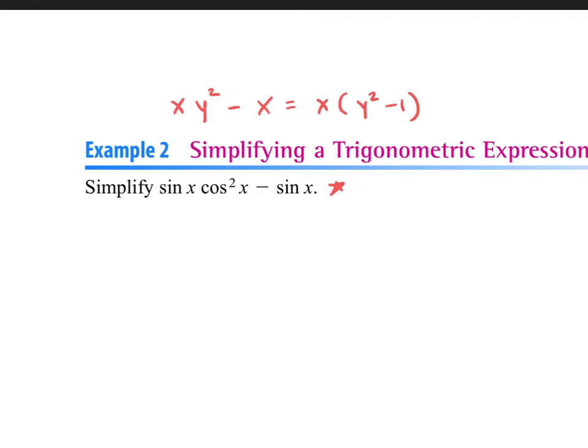So what do I have in common between these two terms? Sine of x. So I can take out a sine of x. What am I left with when I take out a sine of x of both of them?